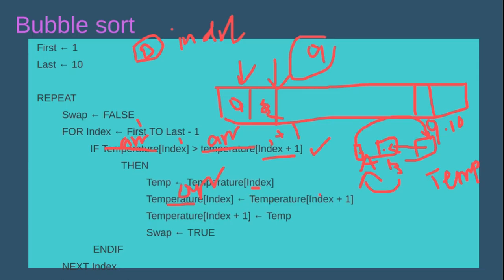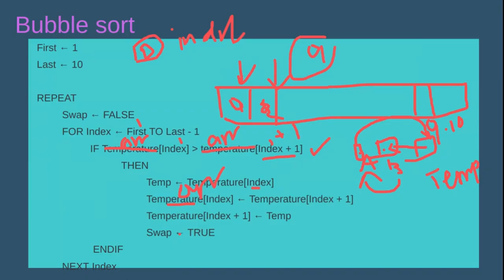Now the value of the B block is pushed towards A, and then finally we'll say array of index plus 1 equals temp. So basically we have swapped the value of index with index plus 1, and because we have successfully done the swapping, we'll say swap equals true, and then end if, and then next index.